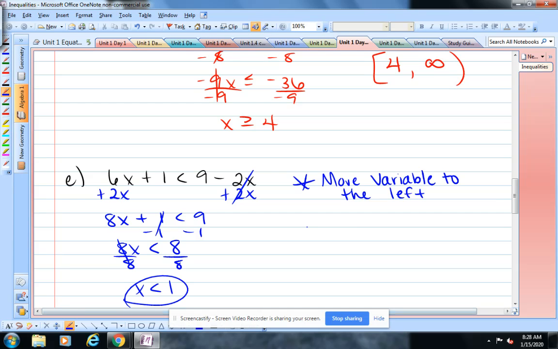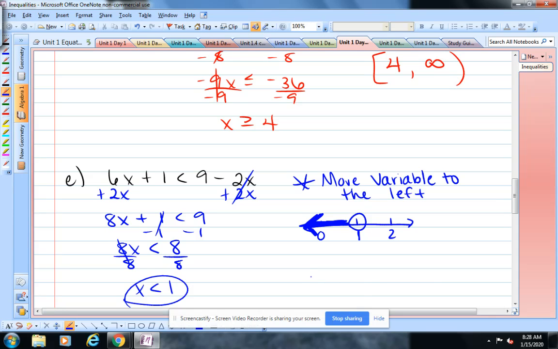All right, so number line. 1's in the middle, so it's going to be 0, 1, and 2. Does 1 get an open circle or a closed circle? Open. And which way do I shade to show numbers less than 1? Left. So any questions about my number line? All right, interval notation. What's my left boundary?